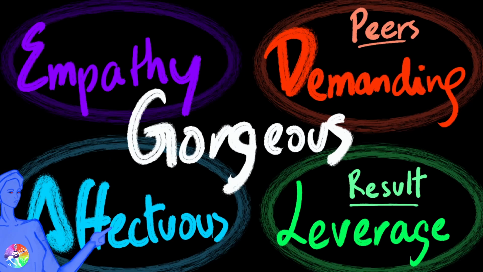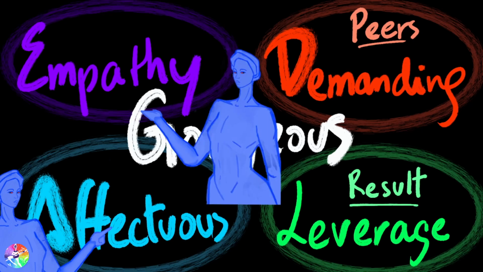That's not possible here. In order to deliver this affection properly, in order to quantify it properly and deliver it in the proper manner, she has to be empathetic. Because if she doesn't know what her peers need, what her peers want, what her group needs, what her nation needs, what her city needs, she can't be affectuous in the proper manner.